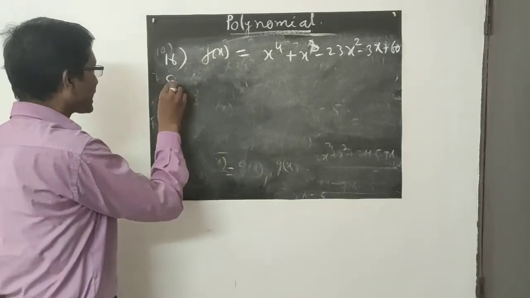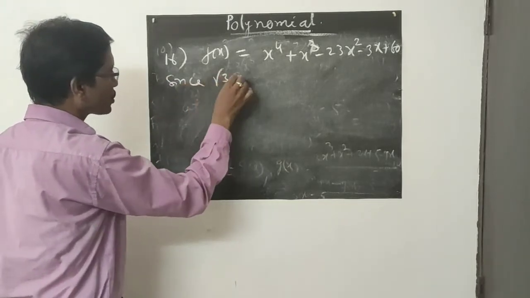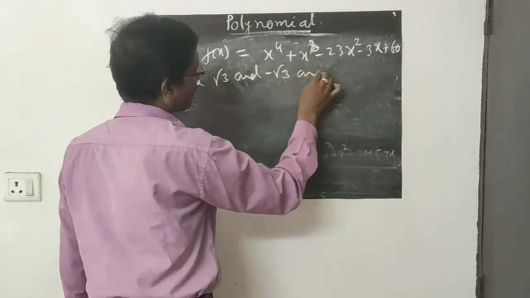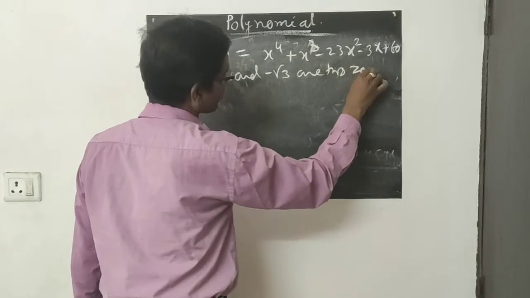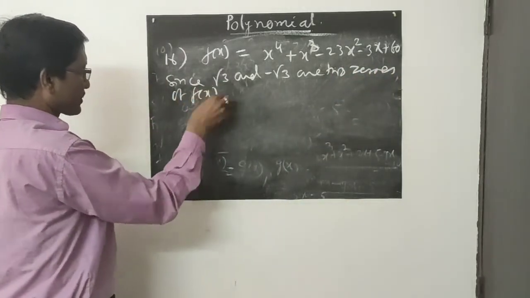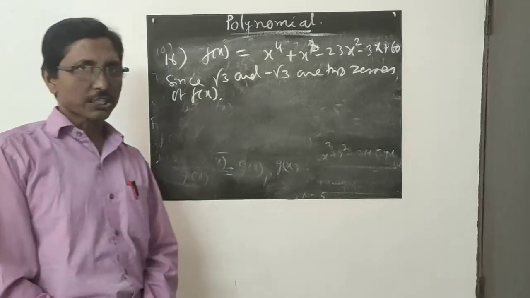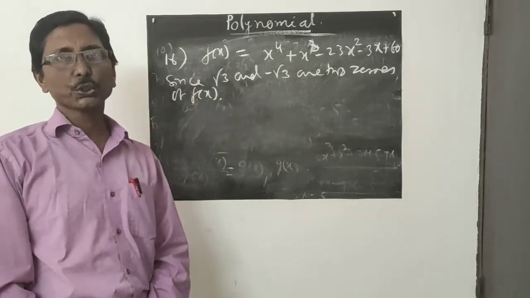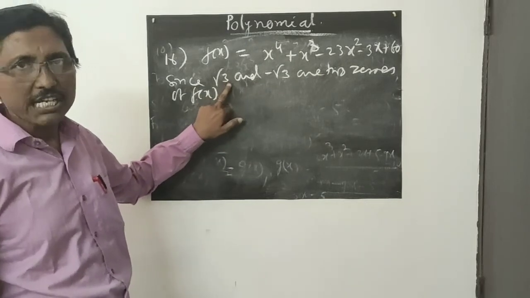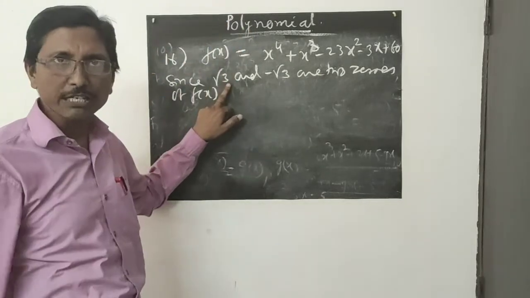So since root 3 and minus root 3 are 2 zeros of the polynomial f(x), we know from the factor theorem that if root 3 is a zero of the polynomial, then x minus root 3 is a factor of that polynomial.